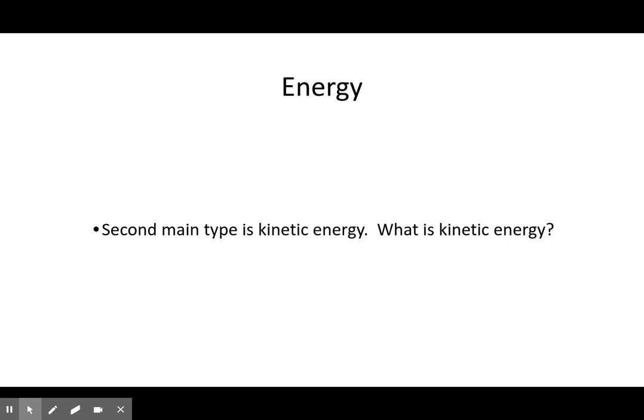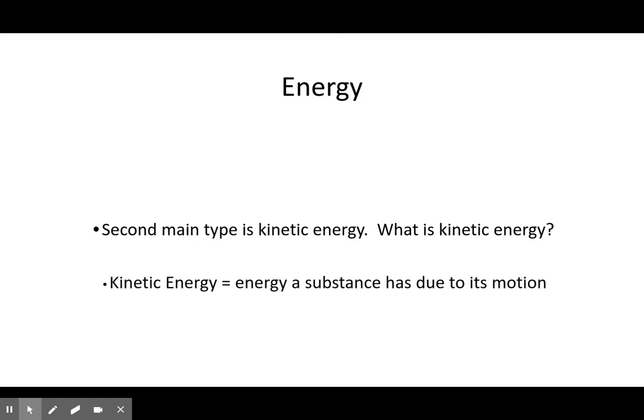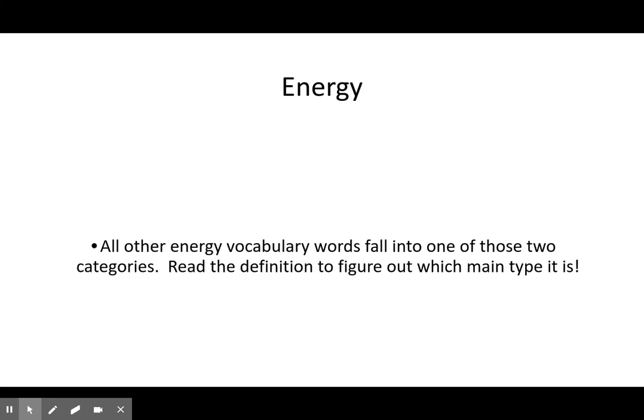The second main kind of energy that we're going to be talking about is kinetic energy. And if you have your definitions, you can look at that now. Kinetic energy is the energy a substance has due to its motion. So this is energy an object has because it is moving. It has the ability to cause change or to do work.